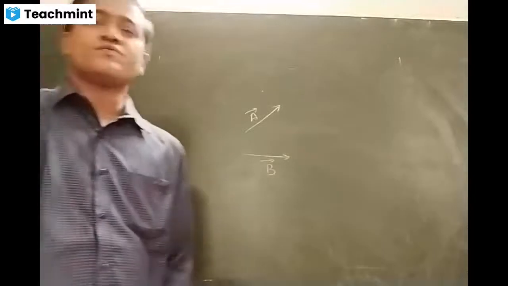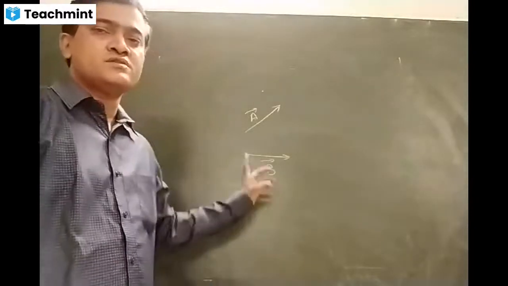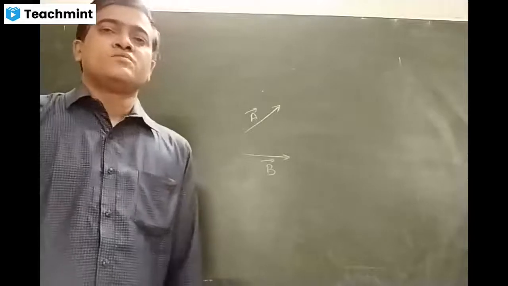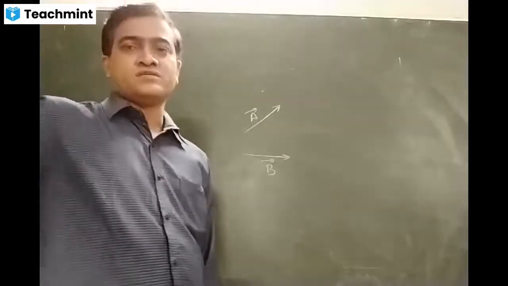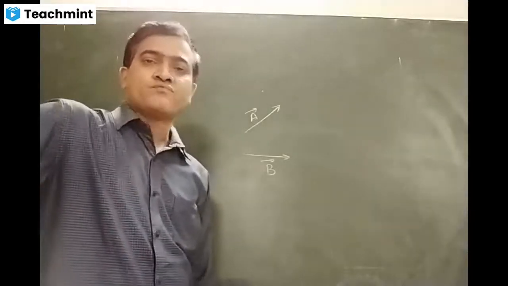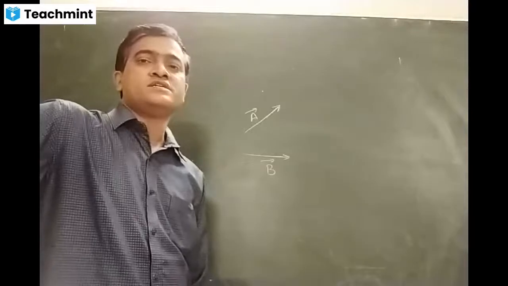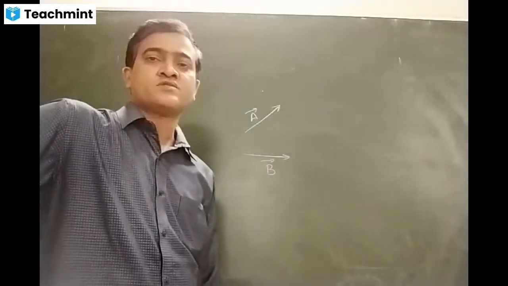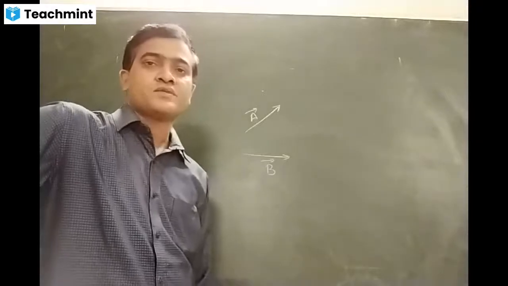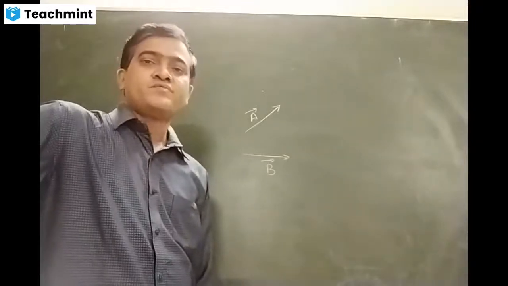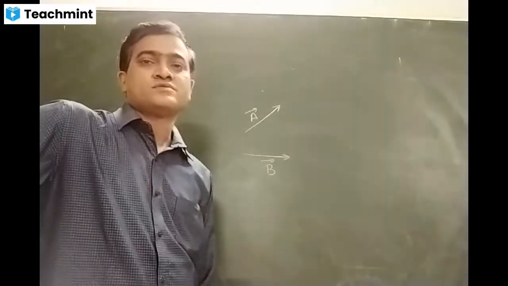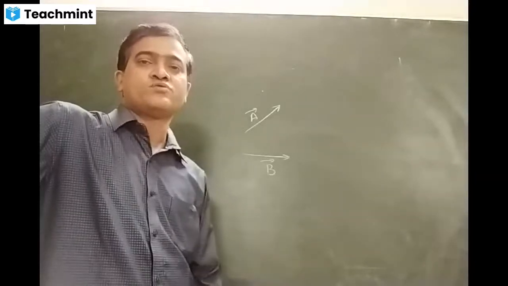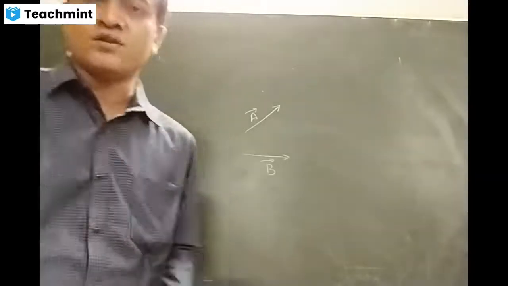If I want to find the angle between these two vectors A bar and B bar, what we have to do is join the tails of the two vectors such that the angle between the two vectors should be small.